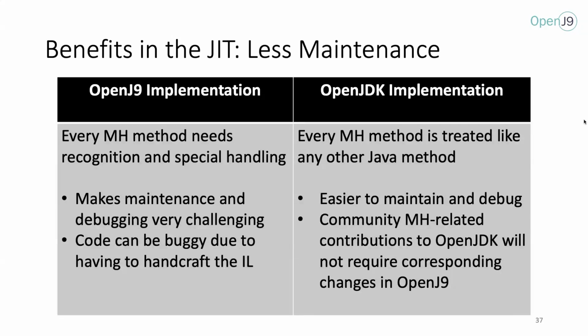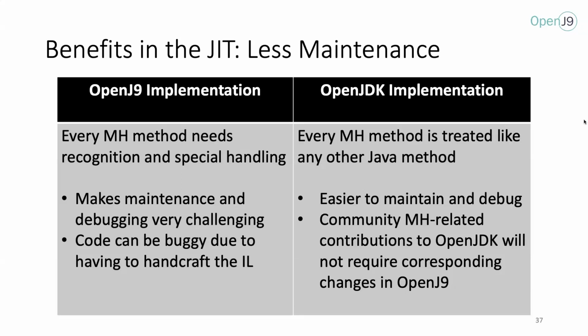And that is a very complicated process and prone to errors, and any new features that we want to support requires a lot of work on both the JIT and the VM side. But OpenJDK implementation simplifies a lot of that.